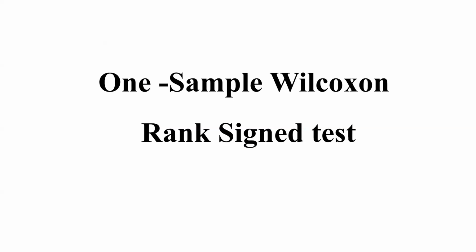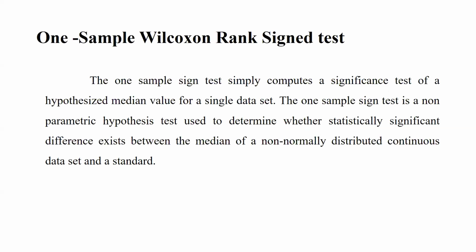Now the first test is the one sample Wilcoxon rank sign test. The one sample sign test simply computes a significance test of a hypothesized median value for a single data set.